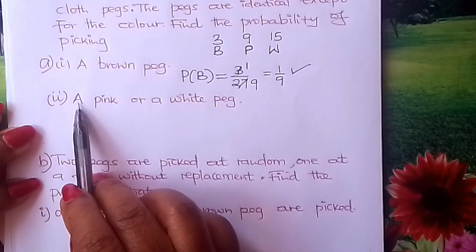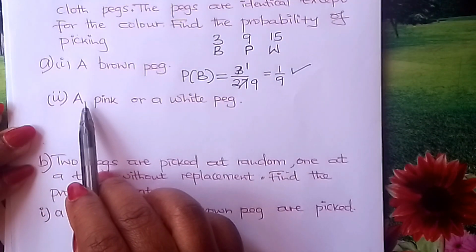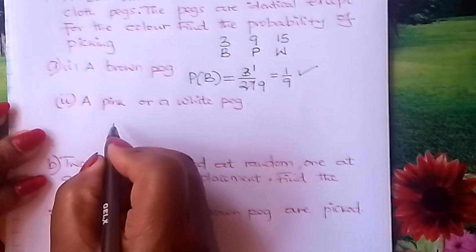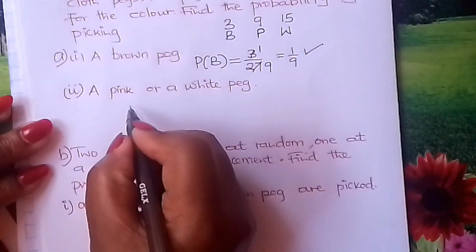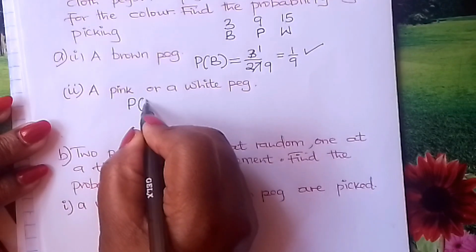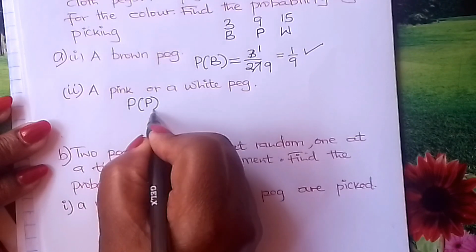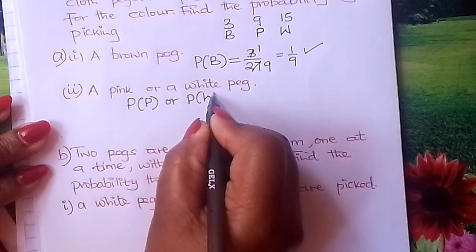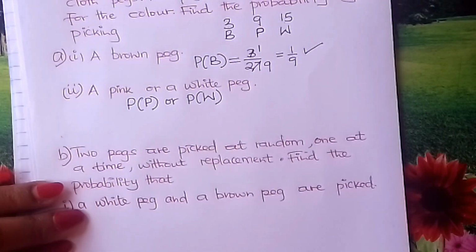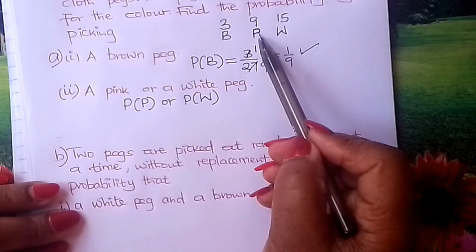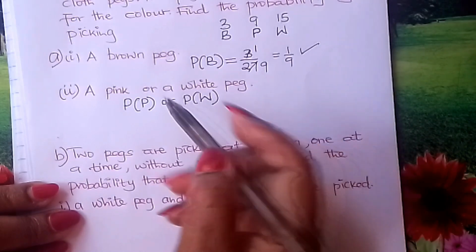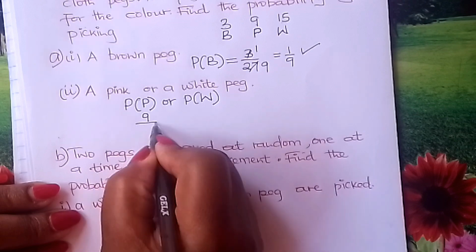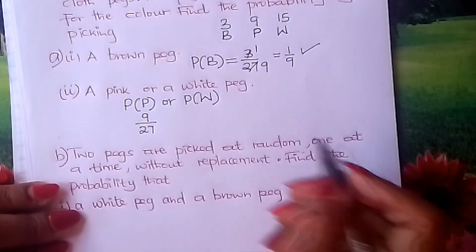We go to the second. What is the probability of picking a pink or a white peg? Probability of picking a pink or probability of picking a white peg. So we go back here. Pink, there are how many? 9. So the probability of picking a pink one is 9 out of the total, which is 27.